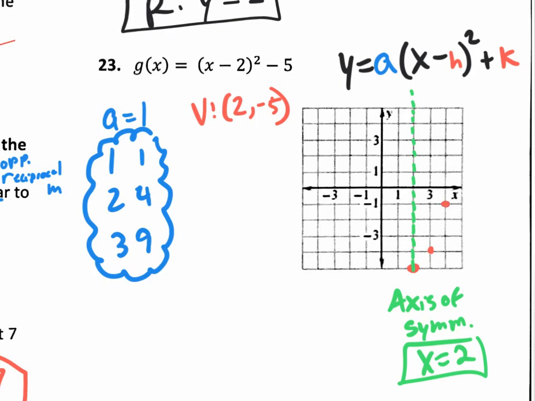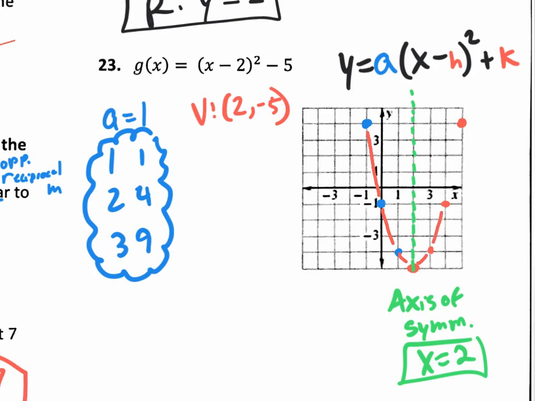Go back to the vertex and go 3 over, 9 up. 1, 2, 3, 4, 5, 6, 7, 8, 9. Way up there. So now that axis of symmetry is going to allow us to mirror it over to the other side. So a point right here, a point right there, and a point over here. All we need to do now is draw the parabola right through those points.